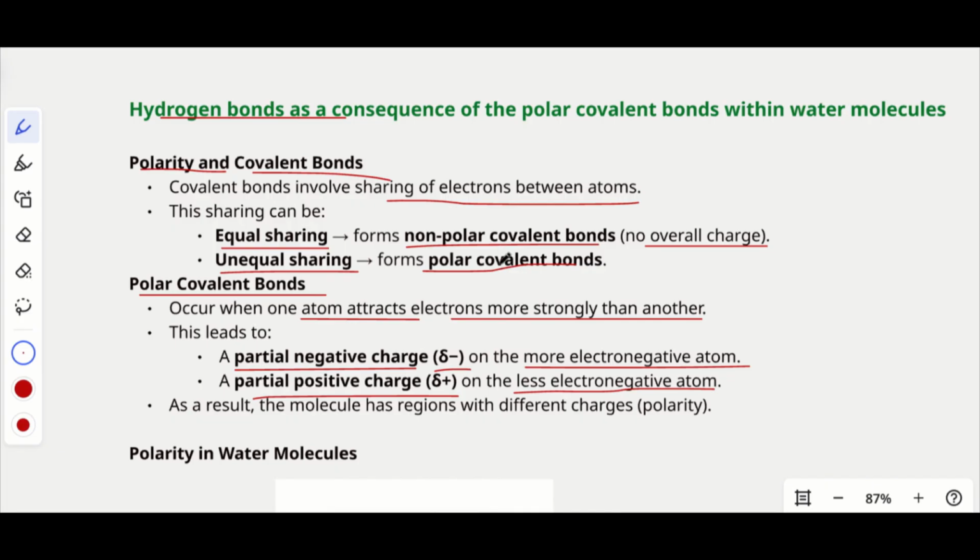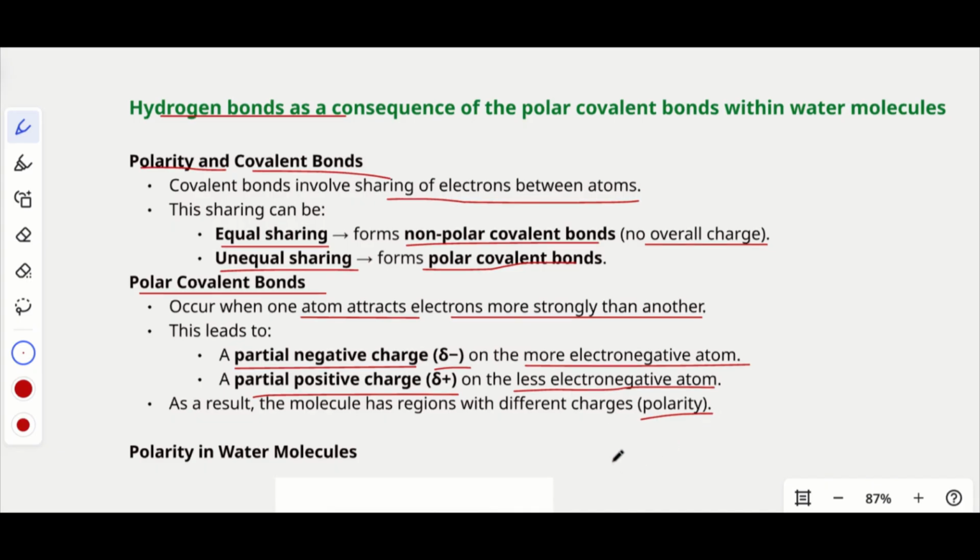As a result, the molecule has regions with different charges, and that is what we call polarity. This uneven distribution of charge influences the molecule's physical and chemical properties.